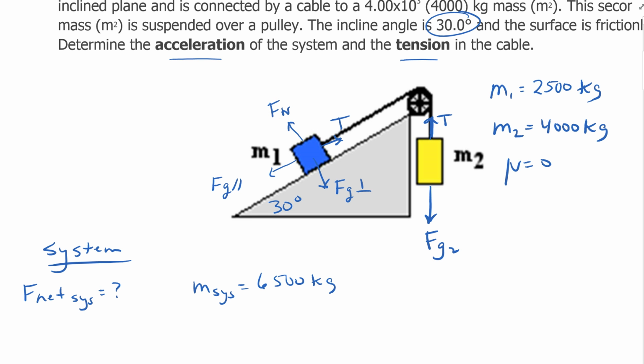Okay, now let's consider which ones will be canceling each other out when we look at it in terms of a system. Well, first of all, the two tension forces here, those will be canceling each other out because they're internal, and they're going in opposite directions. The FG perpendicular and F normal are going to be canceling each other out; when we just think of mass number 1, it's pretty clear that they're going to be canceling each other out.